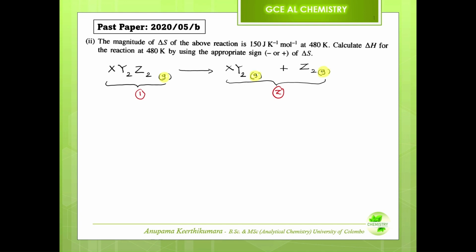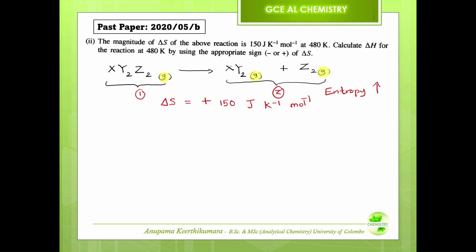In these type of reactions, entropy increases. For increasing entropy, we use the sign positive. Therefore, entropy change of this reaction is plus 150 joules per Kelvin per mole.